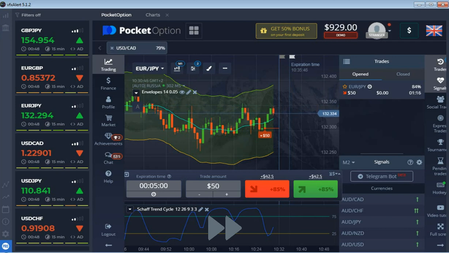Option in profit, waiting for expiration. Positive expiration, end the trading session. Closed at a loss. We will compensate on the following signals.